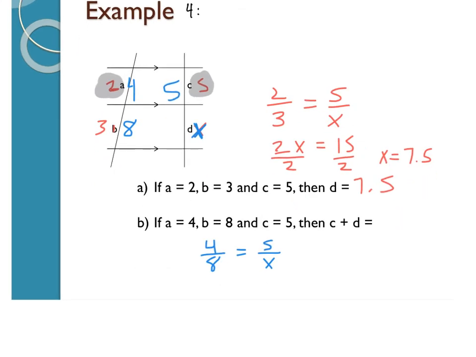So now we can just cross multiply. So we get 4x is equal to 40. And what do we get for x? 10. So since D is 10, what's C? 5.